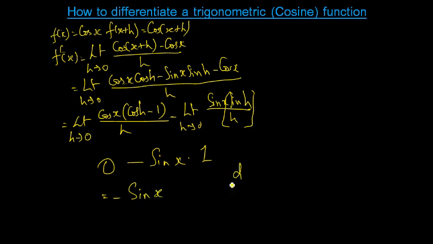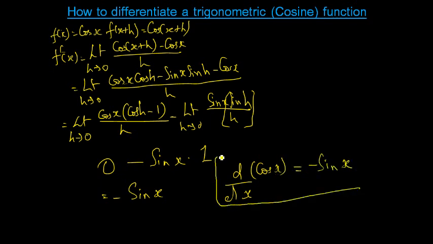So it is very easy now to find the derivative of any function using the first principle. We just found that the derivative of cos x is negative sin x, which has to be remembered again. Let's proceed to find the derivative of the exponential function. Exponential function is of the form e power x.